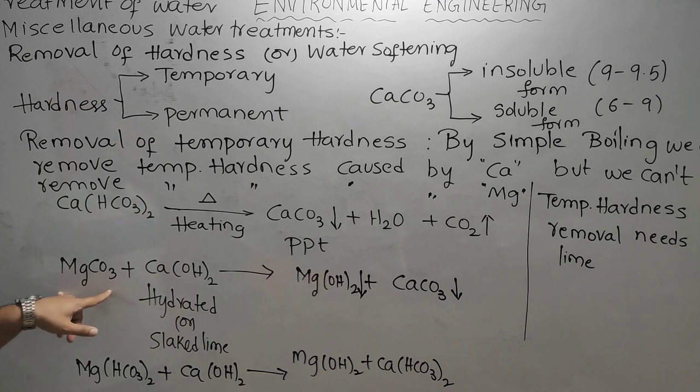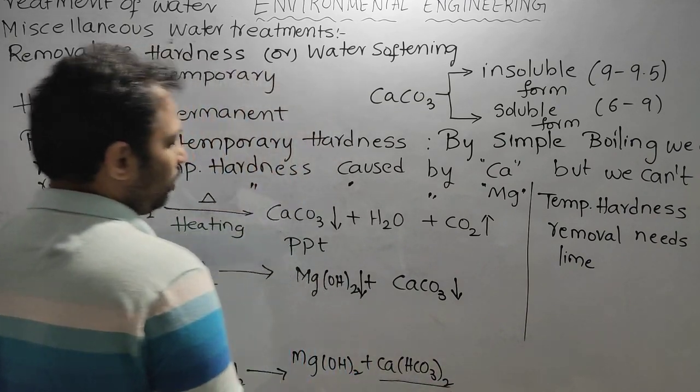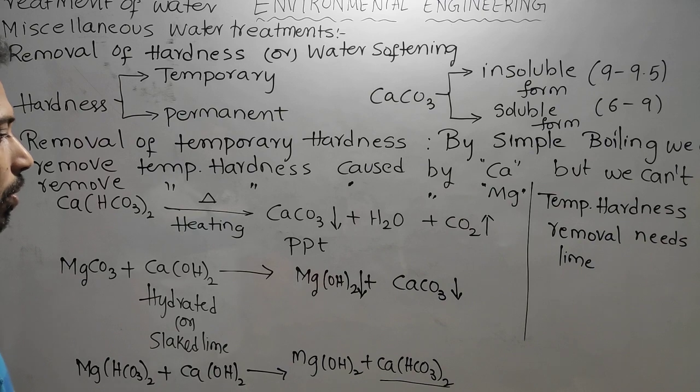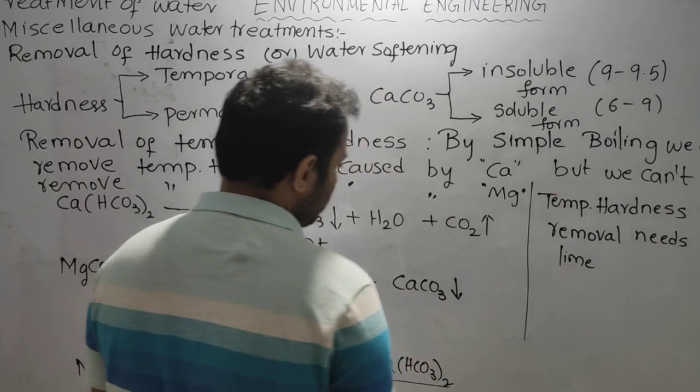To remove 1 mole of bicarbonate hardness, we actually need 2 moles, because once this equation is formed, there is a subsequent equation.